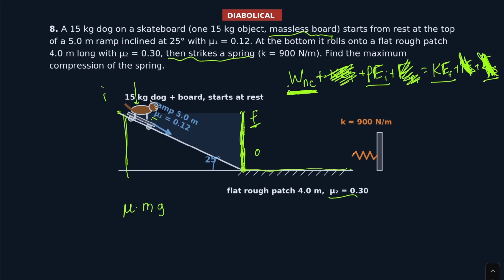Since it's on a ramp, remember when I explained how mg points straight down, mg sine theta is here, mg cosine theta is here, and we need to get it to balance across. So N is mg cosine theta. But that's only our force of friction. We need to multiply it by our distance to get our work done by friction.